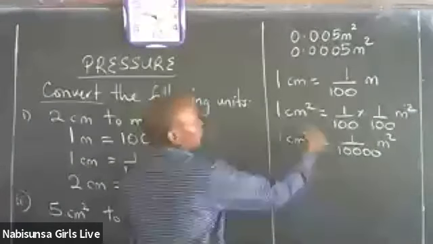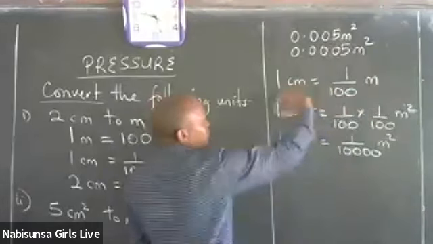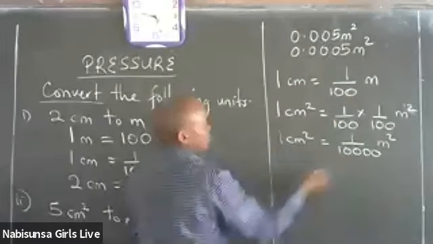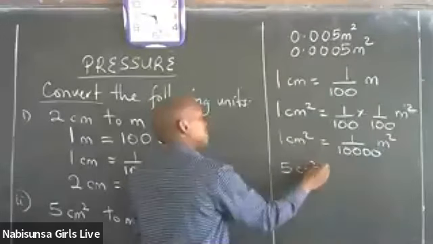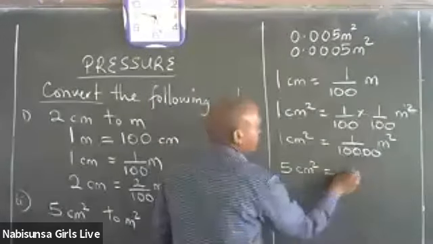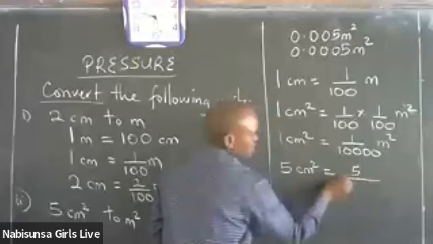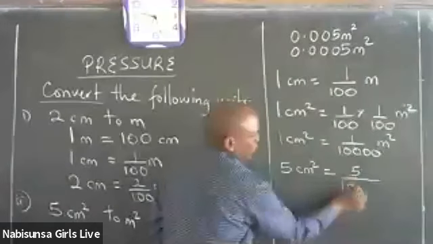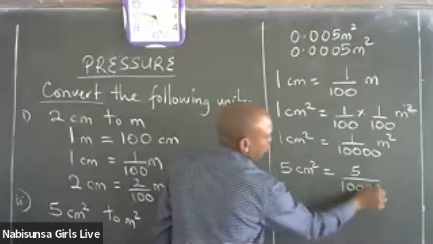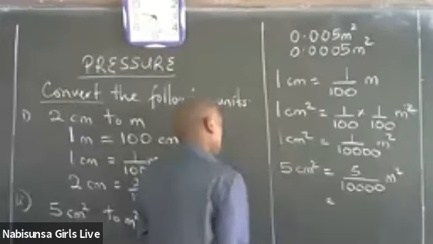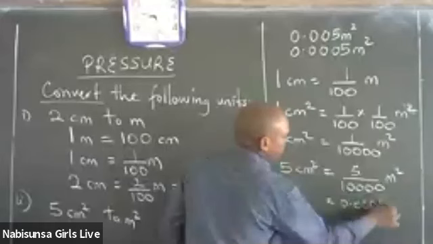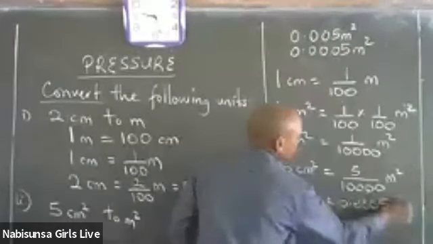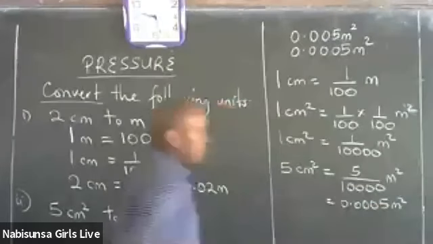When you are converting, you don't have to go through this step, you can go to the direct step. I'm doing it like this to help you remember. So 5 centimeters squared will be 5 divided by 4 zeros: 1, 2, 3, 4. This gives us 0.005 meters squared.